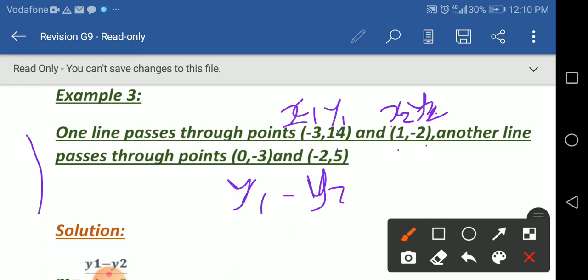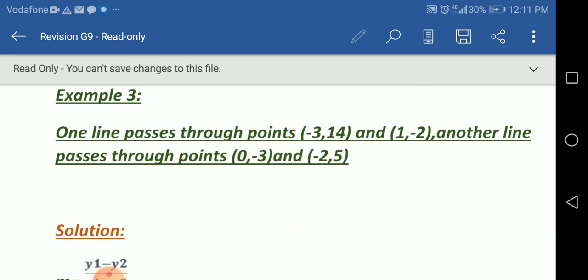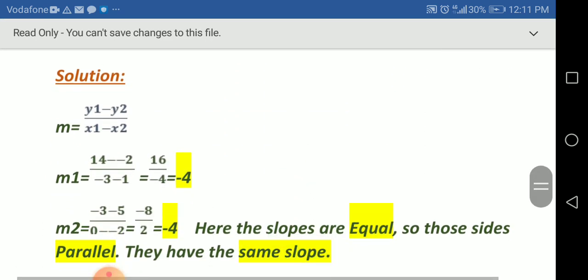14 minus y sub 2, which is -2, so open brackets, don't forget this, over x sub 1, which is -3, minus x sub 2, which is 1. So don't forget to follow the order here.